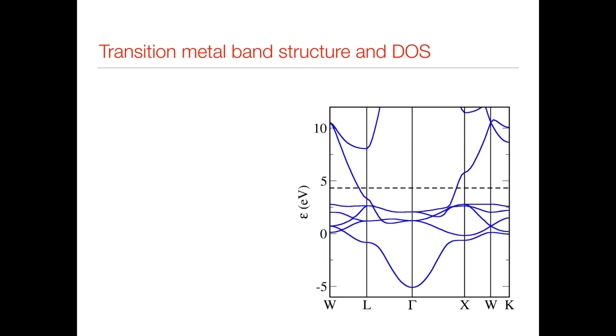So first of all, I just want to remind you about transition metal band structures and density of states. A typical transition metal will have a band structure that looks schematically something like this.